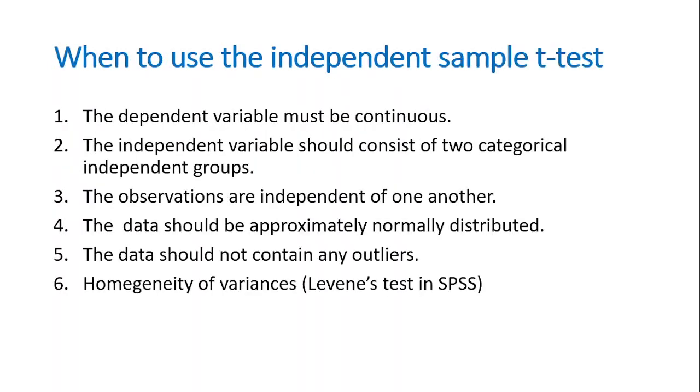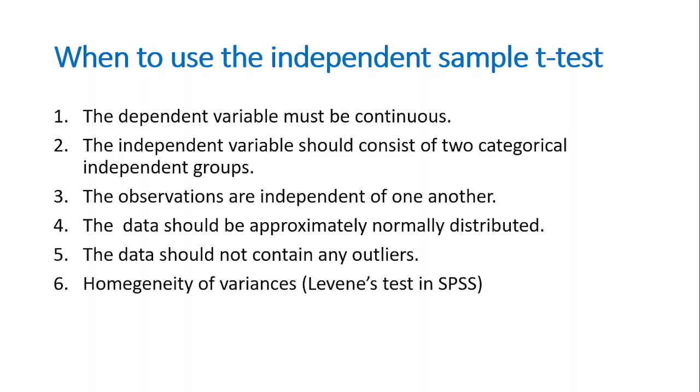Assumptions of the independent sample t-test. 1. The dependent variable must be continuous. 2. The independent variable should consist of two categorical independent groups. 3. The observations are independent of one another. 4.